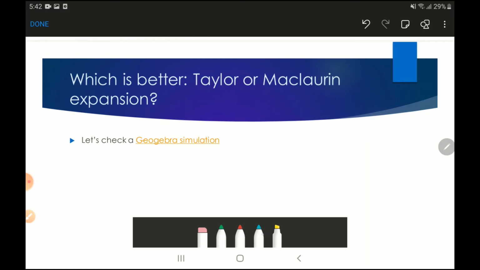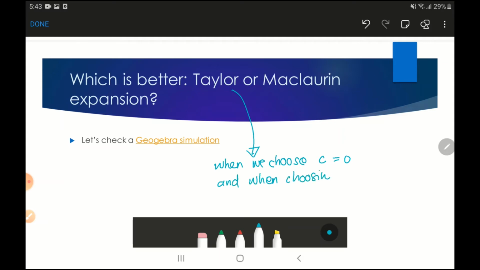If I paraphrase this question, it is when we should choose c equals 0, and when we should choose c not equal to 0. That's the question that we are going to simulate in the next video, the next slide.